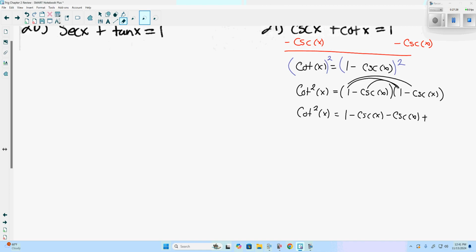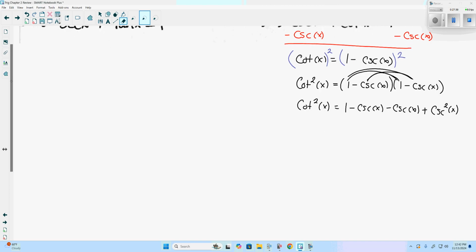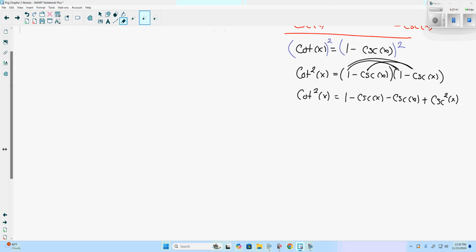Negative cosecant of x times the negative cosecant of x is going to be positive cosecant squared of x. And once we combine like terms, we have cotangent squared is equal to 1 minus 2 cosecant of x plus cosecant squared of x.